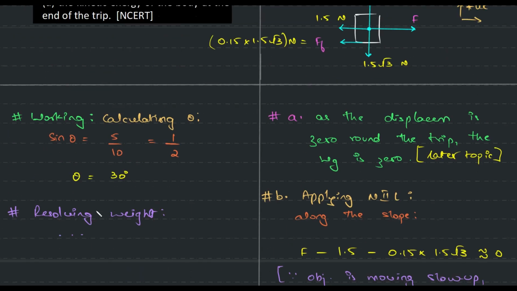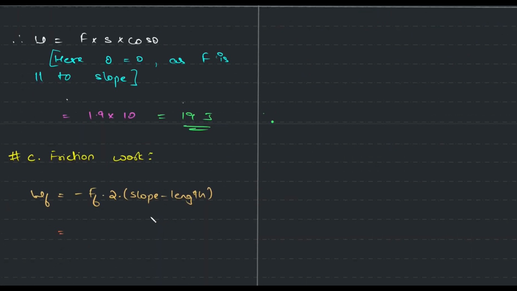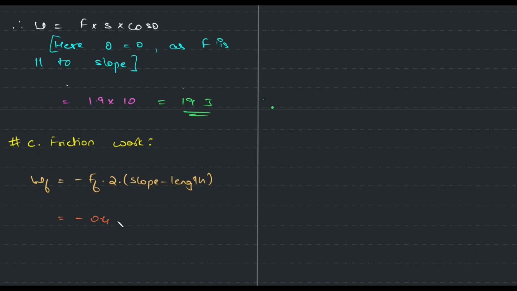Yeah. 0.15 times 1.5 times root of 3. So we have it to be 0.39, 0.4 honestly, approximately. So 0.4 approximately times 2 times the slope length, which is 10.